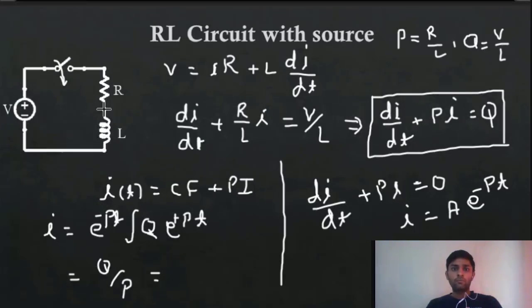The inductor became short circuited, so our current was V by R. So you can get PI directly from the steady state response, or by using this formula, Q by P. Q is V by L, divided by R by L, so you get V by R. You can use any of the methods. So hope you got your CF and PI.